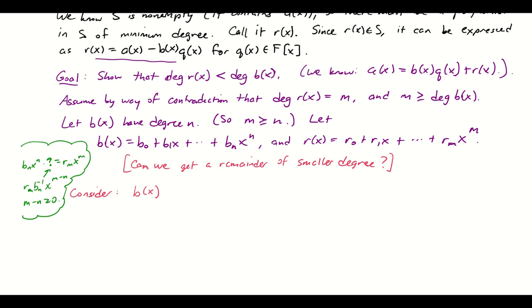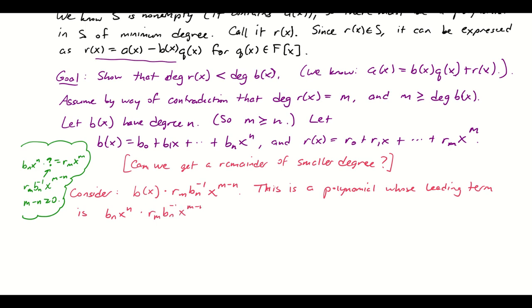So we're going to consider b of x times rm bn inverse times x to the m minus n. All right, we know this is a polynomial whose leading term is, well, the leading term of b of x was bn x to the n times rm bn inverse x to the m minus n.